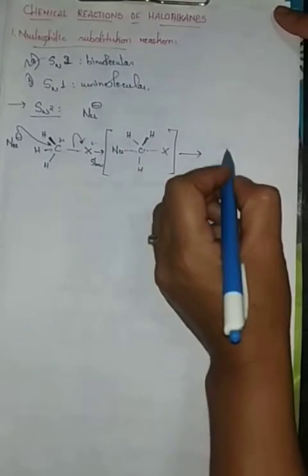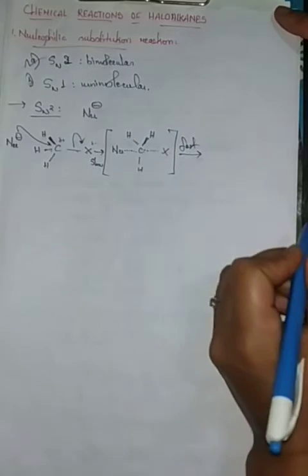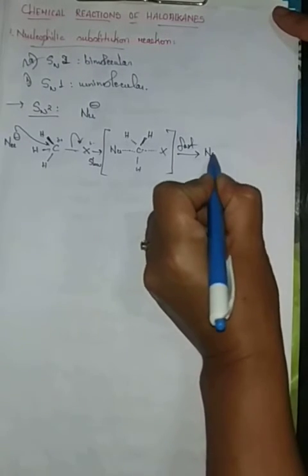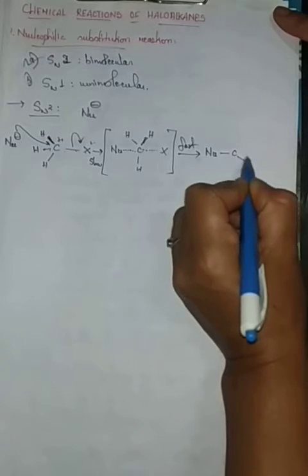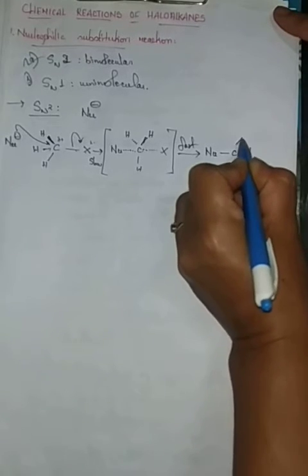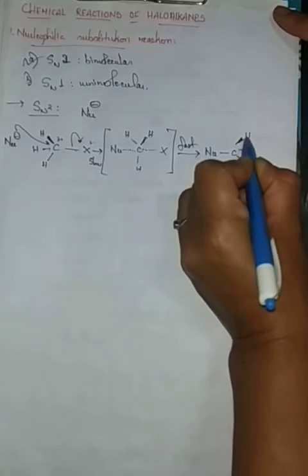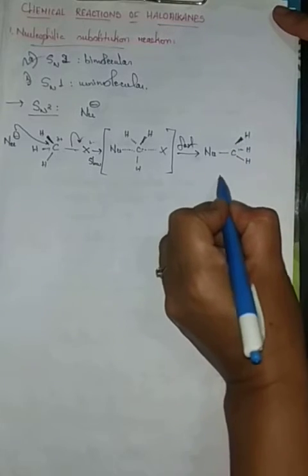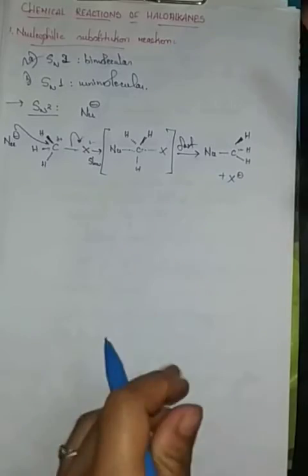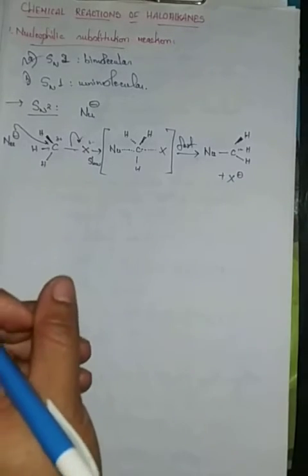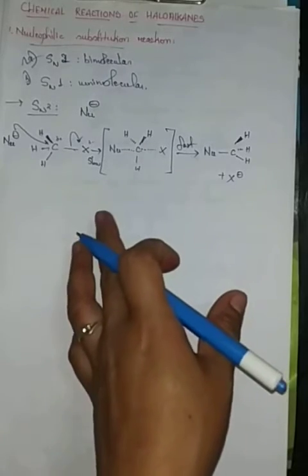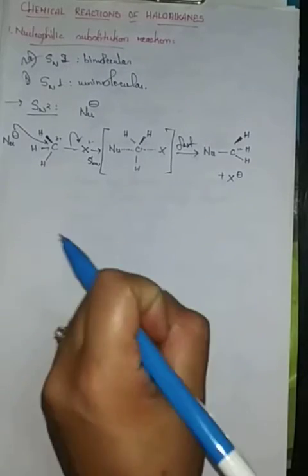Remember, it is a very fast step. Therefore, the nucleophile is attached to the carbon atom, our hydrogen atoms are here, and then we have here our X minus. The leaving group has already left the carbon atom. Therefore, in this way, we get an inverted configuration.